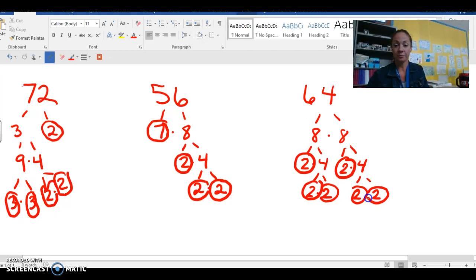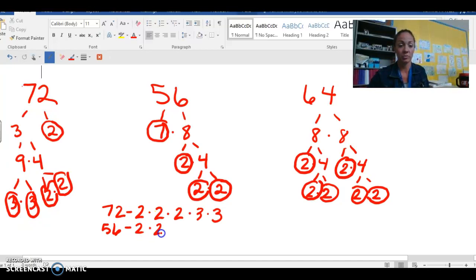So now we need to make lists of our factors. For 72, we had 2 times 2 times 2 times 3 times 3. For 56, we had 2 times 2 times 2 times 7.